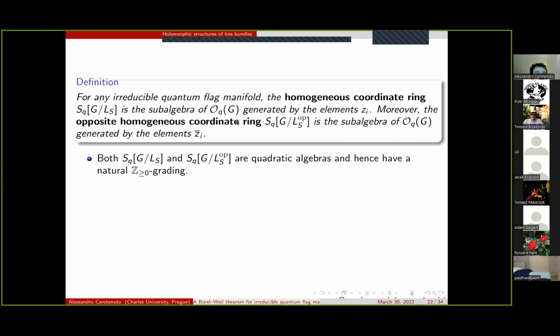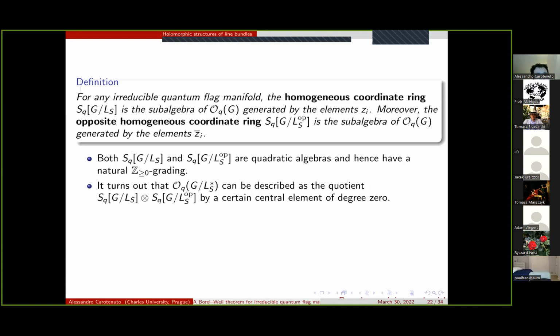We also define the opposite homogeneous coordinate ring as the subalgebra generated by the elements z̄_i. Both of these are quadratic algebras, and they inherit the natural Z-grading, which is given by counting the degree of the monomials in z_i and z̄_i respectively.